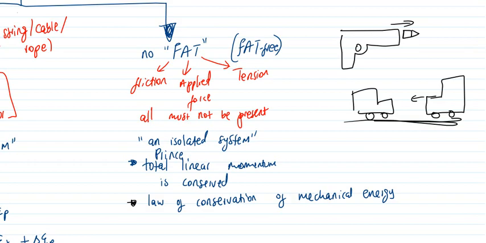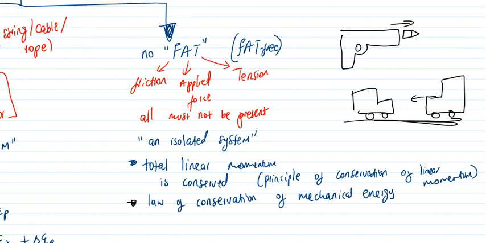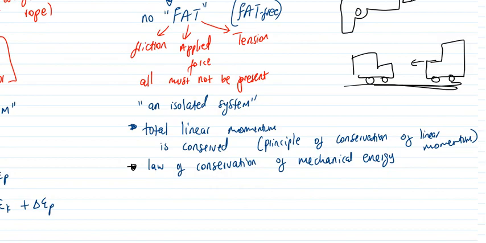So this one that I said here is the principle of conservation of linear momentum. Total linear momentum is conserved or remains constant because it's an isolated system. Same with the law of conservation of mechanical energy. You're just going to say the total mechanical energy in an isolated system is conserved, or you say it remains constant. Okay, so I hope that is clear.